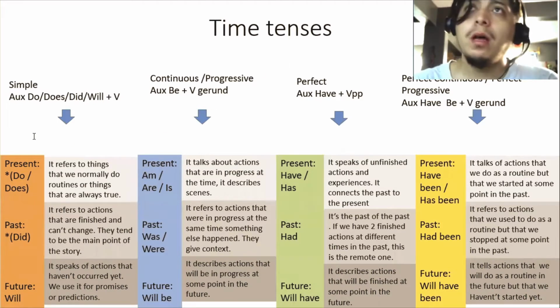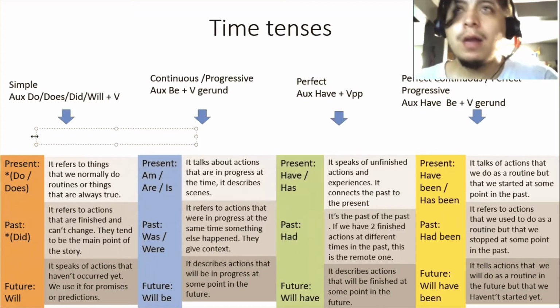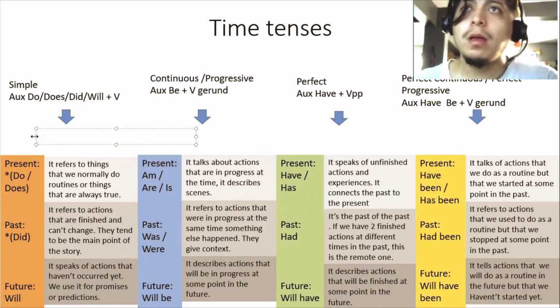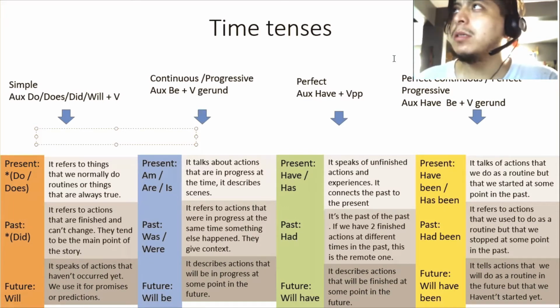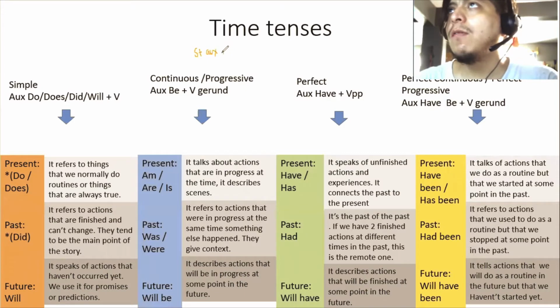So we have this, an affirmative statement. We have the simple present. In every time tense, to be honest, we have subject, auxiliary, verb, and complement. This is an affirmative statement.